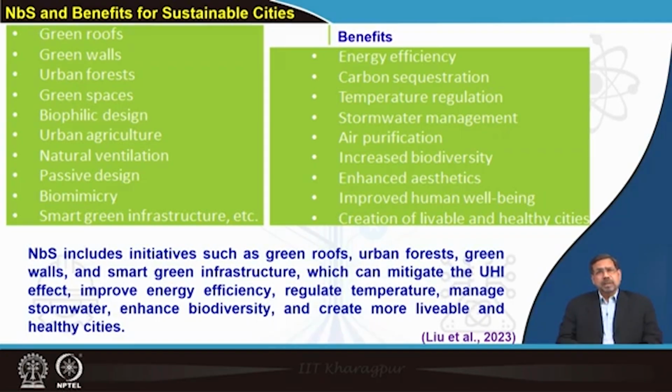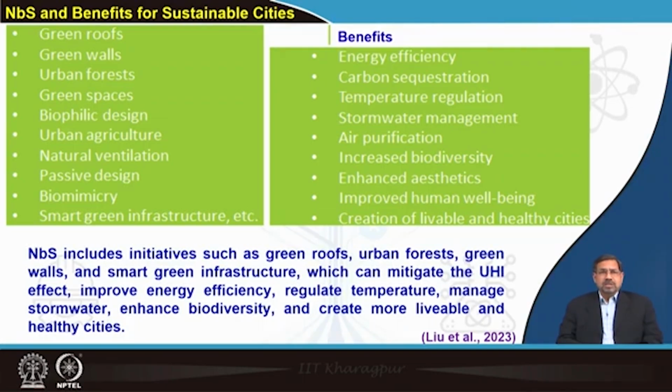Then storm water management, air purification, and an increase in biodiversity. We put different aesthetic plants here and there, and there is improvement of human well-being and creation of a livable and healthy city. So, these are the benefits we receive because of execution of the nature based climate solution in cities.